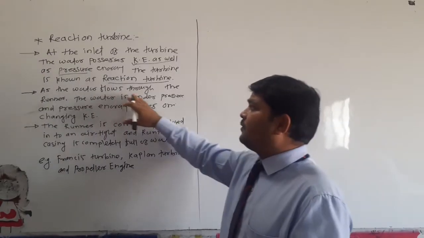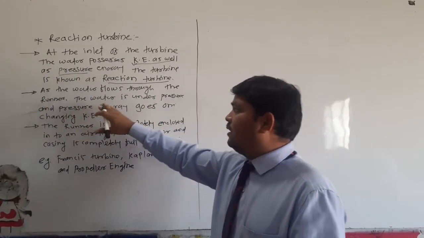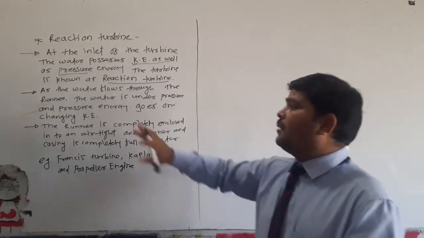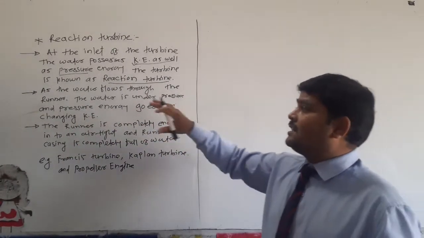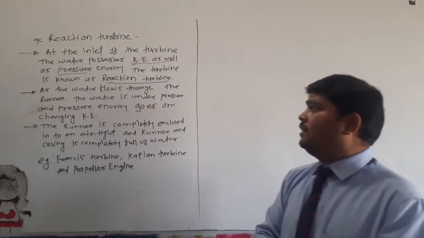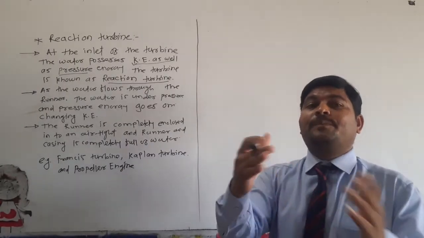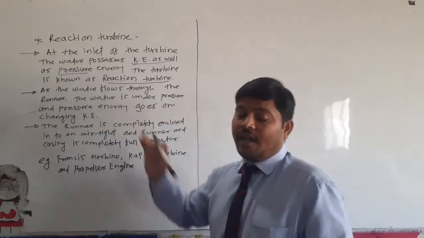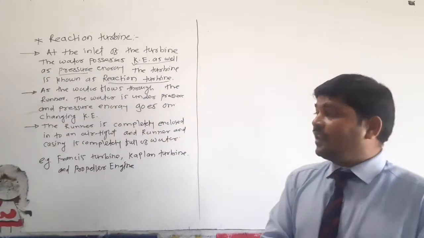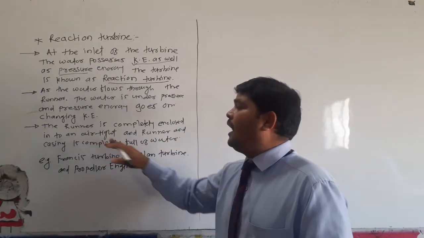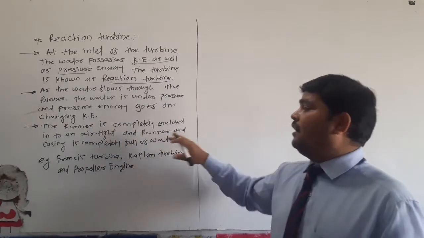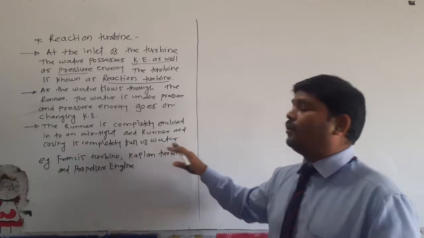Then, as the water flows through the runner, the water is under pressure and the pressure energy goes on changing into kinetic energy. The runner is completely enclosed in an airtight casing, and the runner and casing are completely full of water.